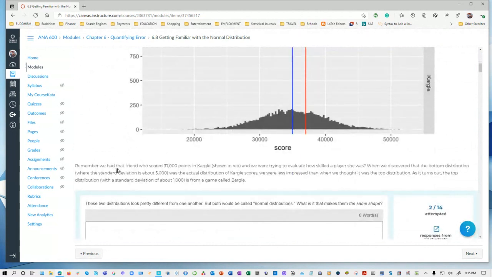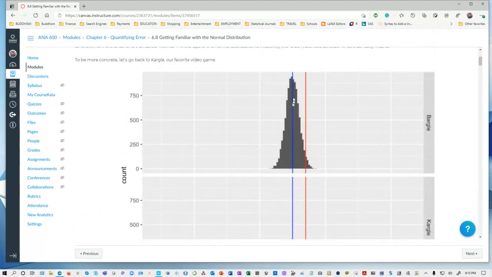Remember that friend who scored 37,000 points in Kaggle, shown in red, and we were trying to evaluate how skilled the player was. When we discovered that the bottom distribution, where the standard deviation is about 5,000, was the actual distribution of Kaggle scores, we were less impressed than when we thought it was the top distribution. As it turns out, the top distribution with the standard deviation 1,000 is from the game called Kaggle.